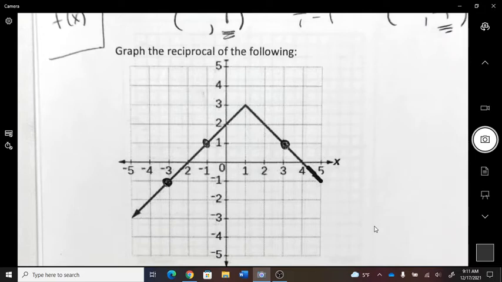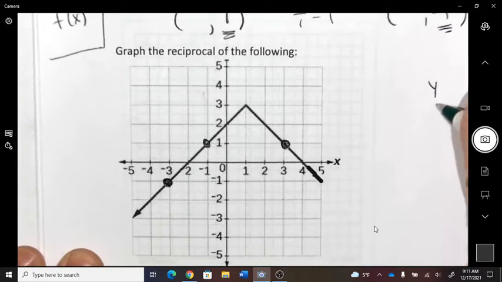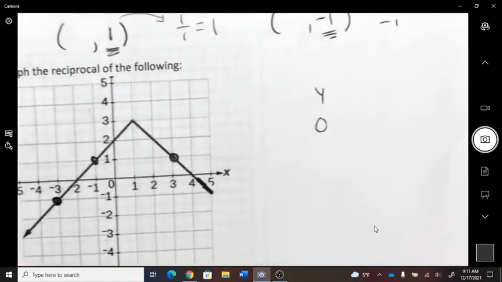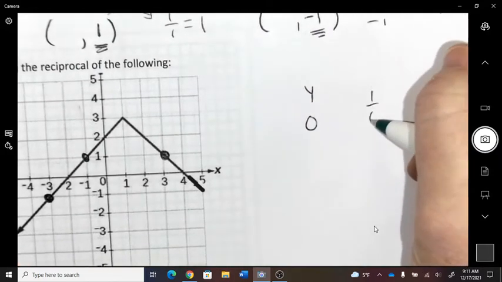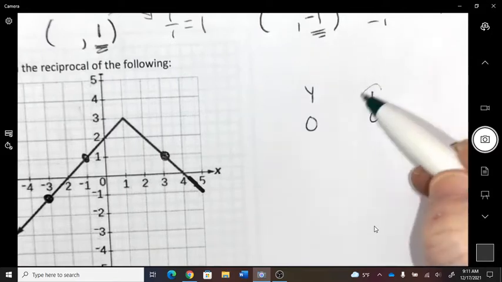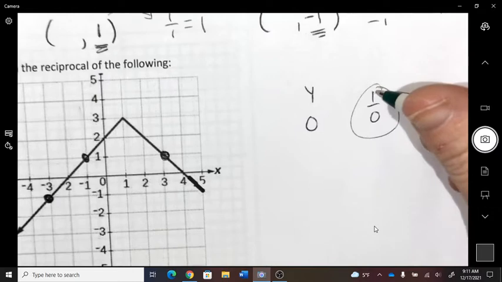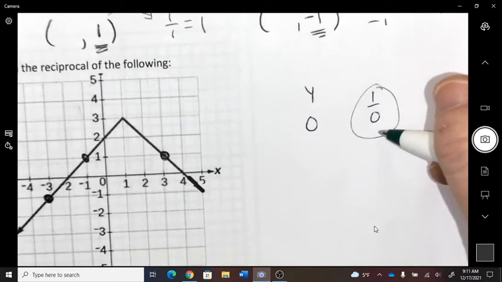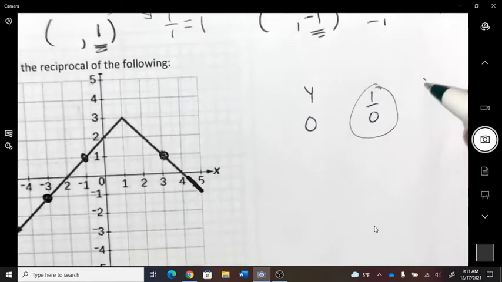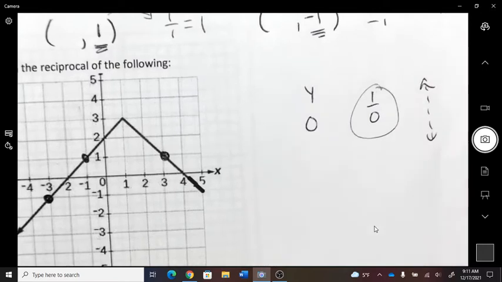Okay, we also talked about a special height of 0, because if your y is 0, what's the reciprocal going to do? Do you remember what the reciprocal did? What is the number 1 divided by 0? Undefined. So that's where we do this.